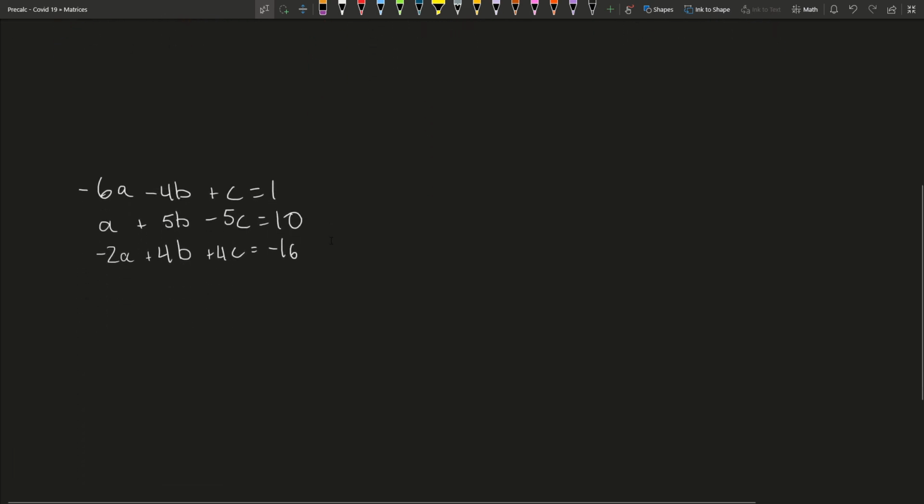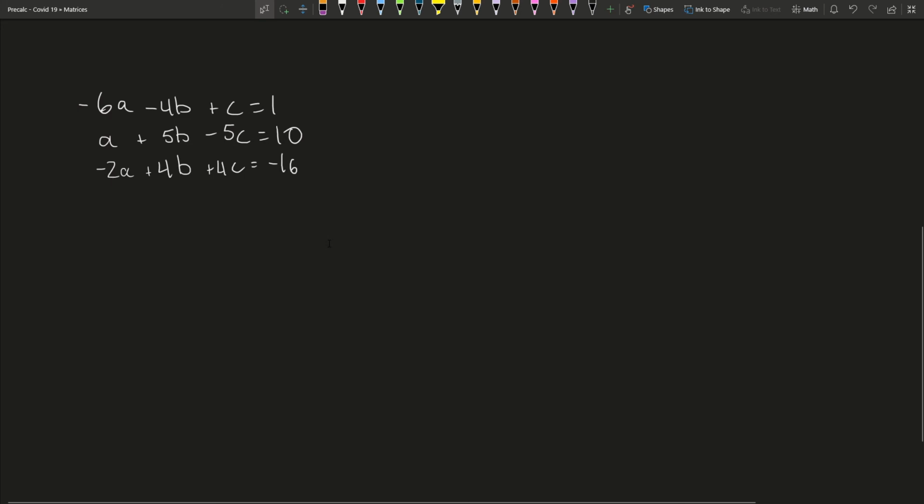So for example, say we have this system of three equations and we want to solve this using Cramer's rule. First, if you do have a calculator, have it in front of you because it'll come in handy coming up. We have this system of three equations. The first thing we need to do is to get a coefficient matrix.